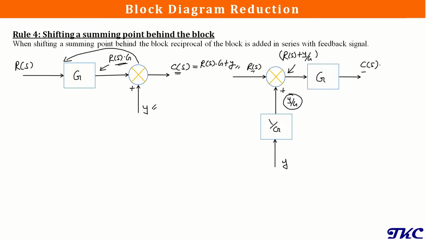So we will have an output as R of S plus Y by G into this block's transfer function value. If you multiply G inside, it will be R of S into G plus Y by G into G. So this G and G will get cancelled, and we will have the output as R of S into G plus Y, and it is the same as this output. So this proves this rule.